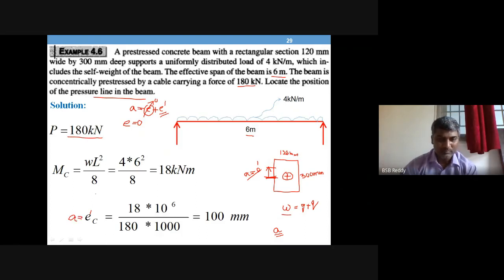P is directly available. Just get the M value. At center, it is WL square by 8. So W is 4, L is 6. It comes out to be 18 kilonewton meter, which is 18 into 10 power 6 Newton mm.